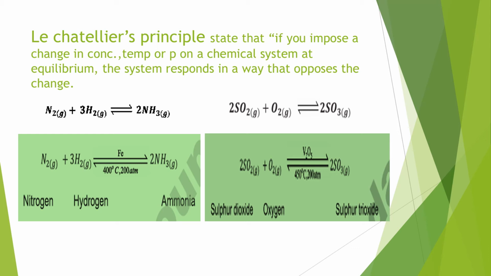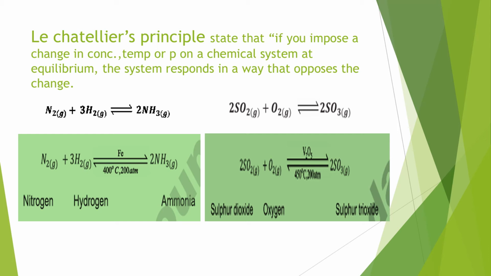For example, two examples are given to you. The first one is the formation of ammonia from nitrogen and hydrogen. You can see the reaction: nitrogen plus hydrogen combine together to produce ammonia. The second reaction is the reaction of sulfur dioxide and oxygen to produce sulfur trioxide.